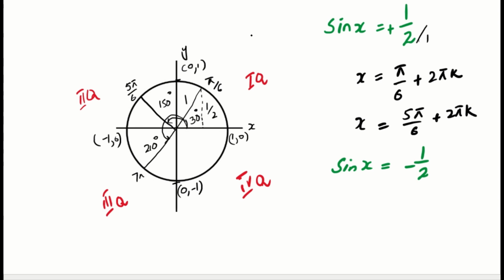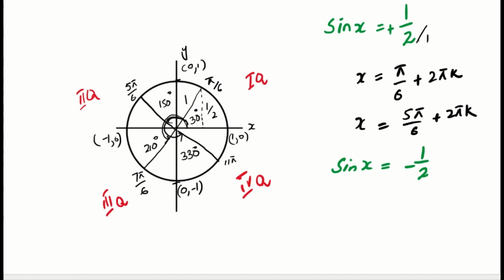So we have another angle in the fourth quadrant. This angle is 360 minus 30, so it is equal to 330 degrees. So in radian, we can write it as 11 pi over 6.